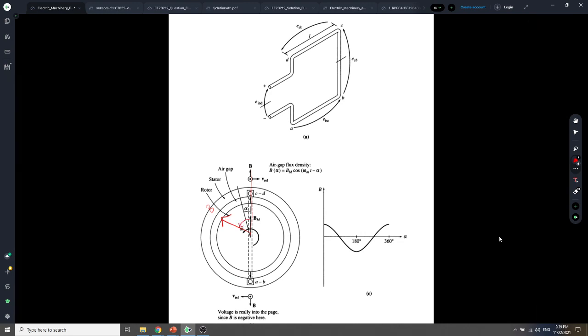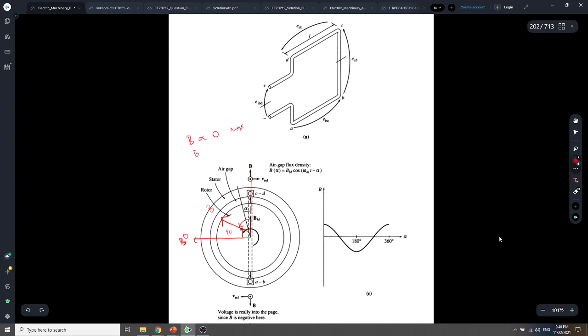Okay, so once they reach the 90 degree, okay, katakanlah this is B, so the angle is 90 degree. So at this point, the induced voltage is very low, and not very low, it's zero. Okay, so zero. So for example sini B, kalau angle zero, maximum.